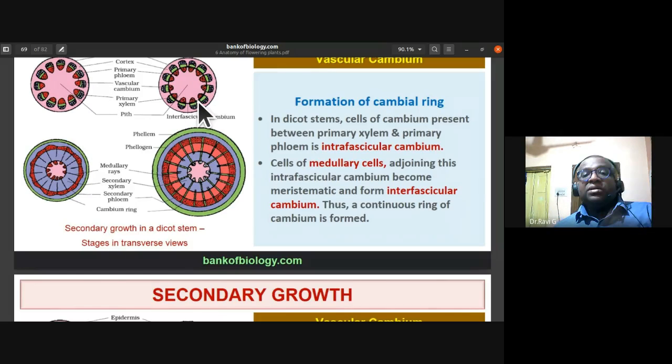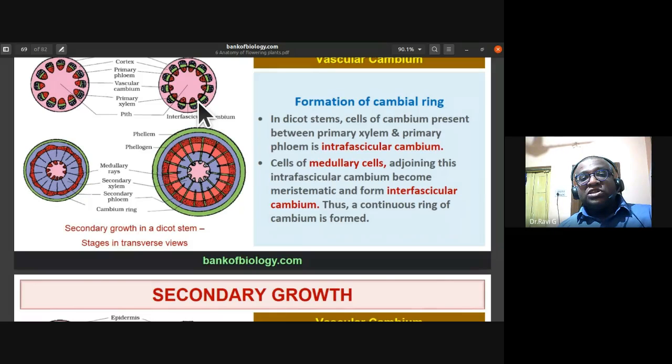For our convenience, we can consider secondary growth in two steps. One is stellar secondary growth, which takes place within the stele. Then extrastellar secondary growth, which takes place outside the stele. The stellar secondary growth includes formation of vascular cambium as the first step.